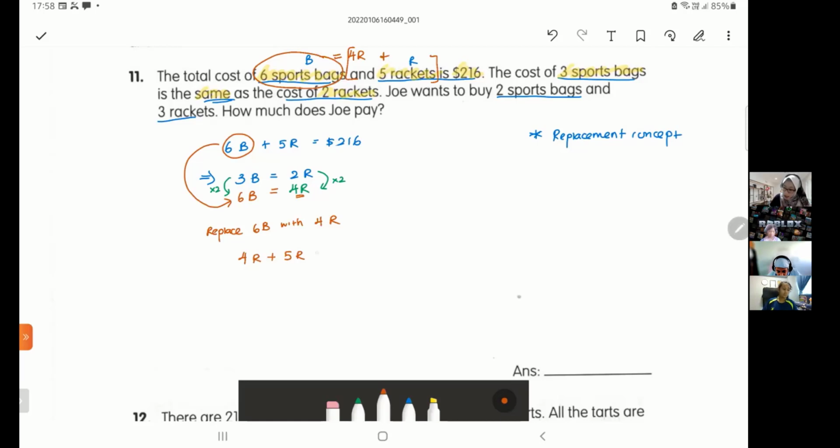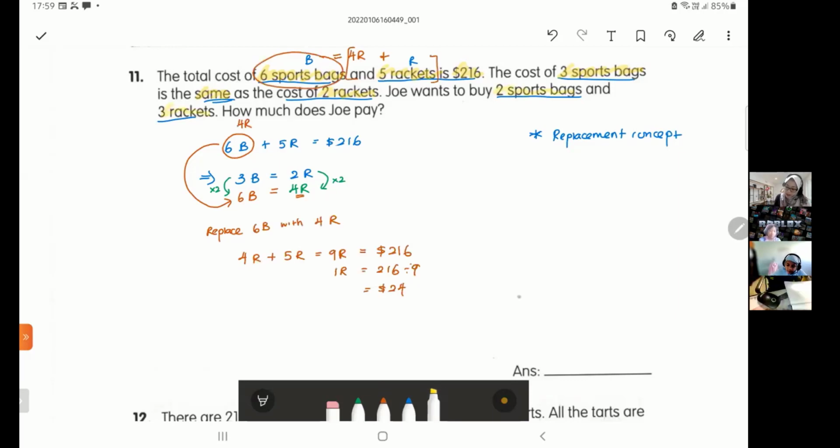So total I have is 9 rackets, which is actually $216. Okay, so now 9 rackets is 216. 1 racket is 216 divided by 9. It goes to $24.